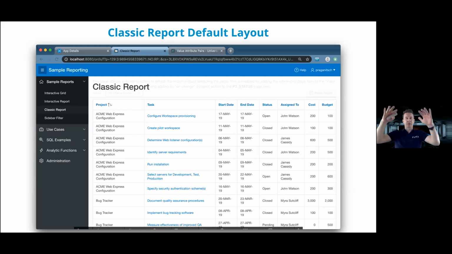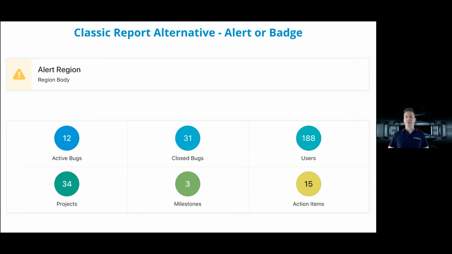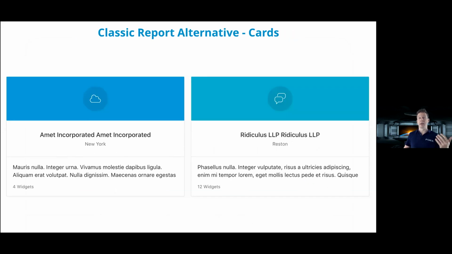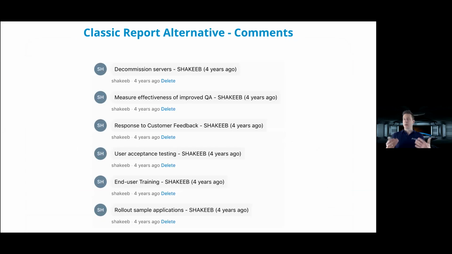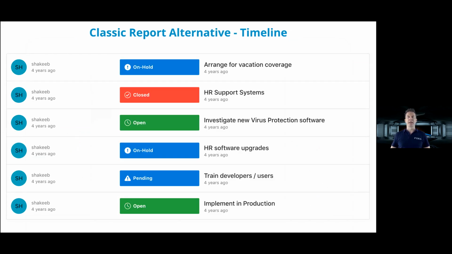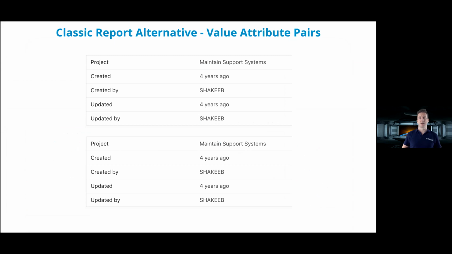So instead of this tabular list view, you could have a report looking like alerts, looking like badges, looking like cards, even like a conversation thingo. There are so many different built-in report templates that are very, very nice to use and make your app look so much nicer.